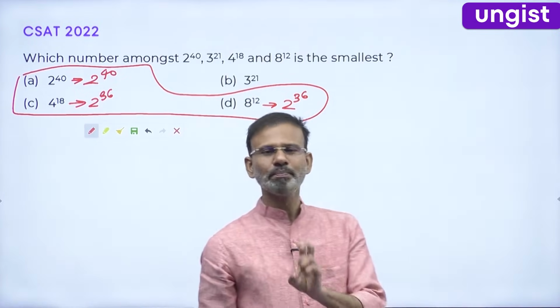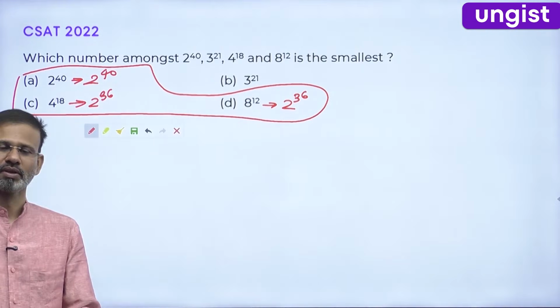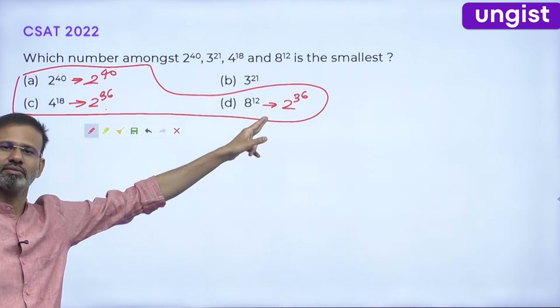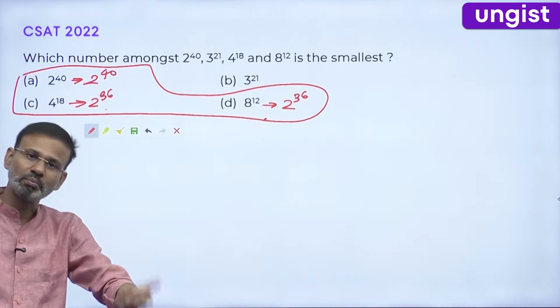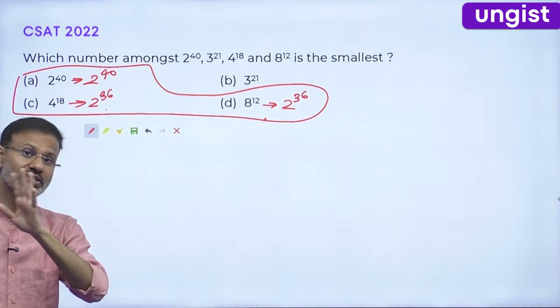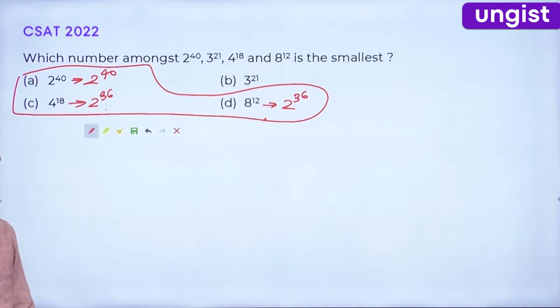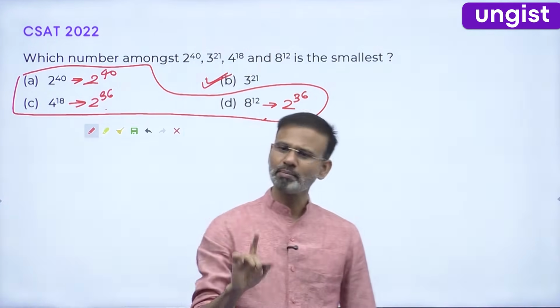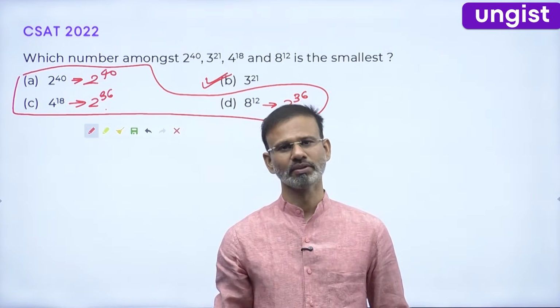Among these three numbers, B and C are the same, which means this can't be the smallest, because else there will be two options and only one option is correct. So what is the answer? B. The answer is 3 to the power 21, right? So this is the approach for the examination, right?